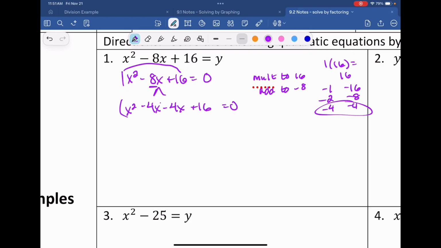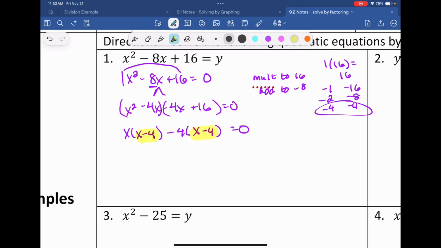Group, no, last two. GCF for the first group. Your second group has a minus sign. So we want to bring that down. And that GCF is 4 as well. Negative 4x by negative 4 is positive x. 16 by negative 4 is negative 4.